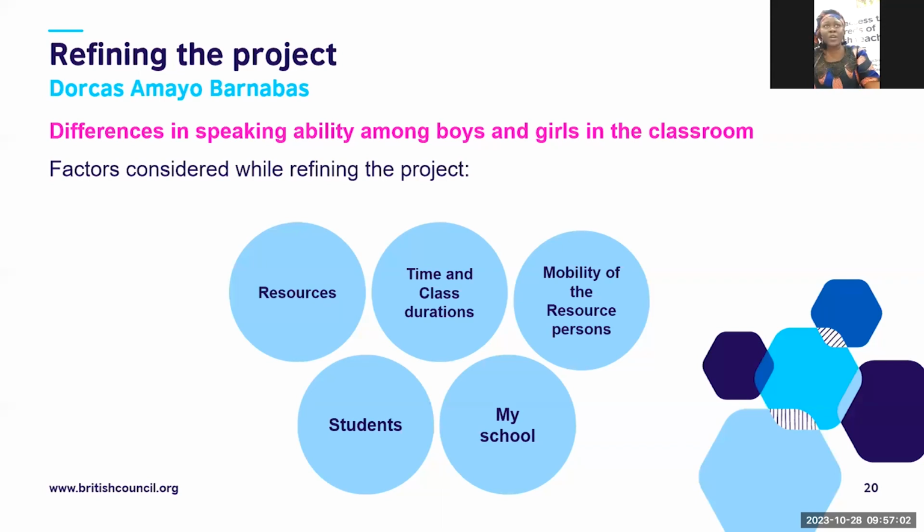Another factor was my school. Just like Lawal has said, I had to take permission from my own school. I had to write a letter and it was approved. Then I had to talk to my HOD, who gave me his own approval to use one project.